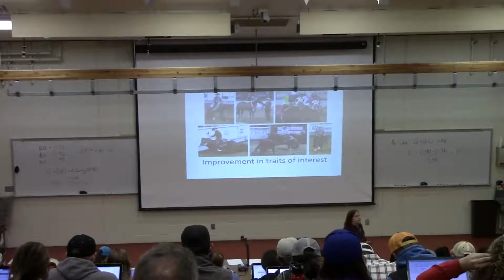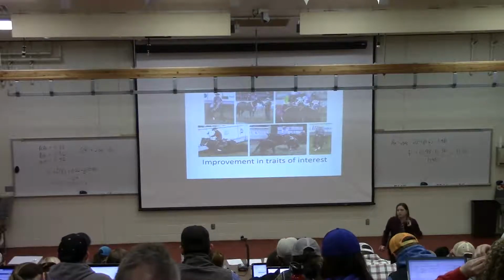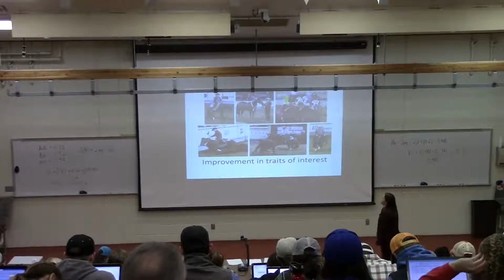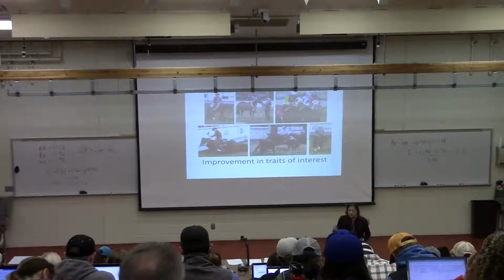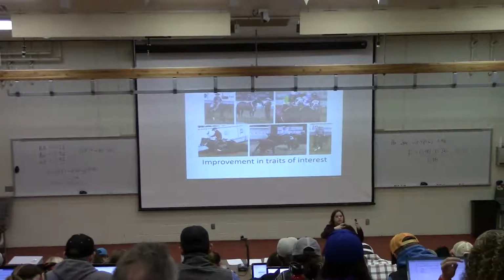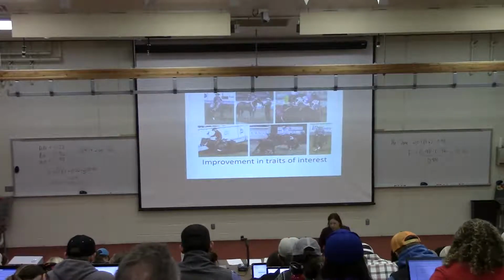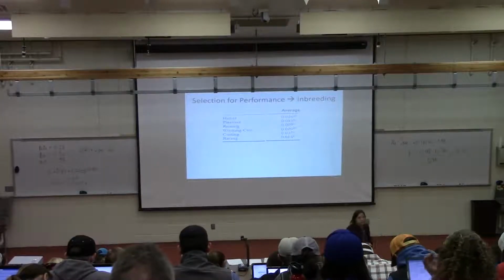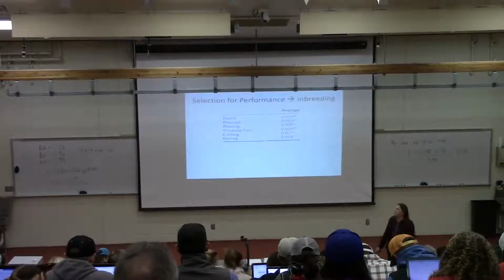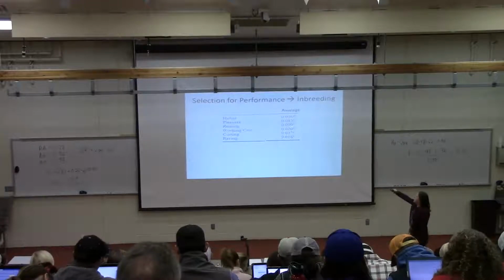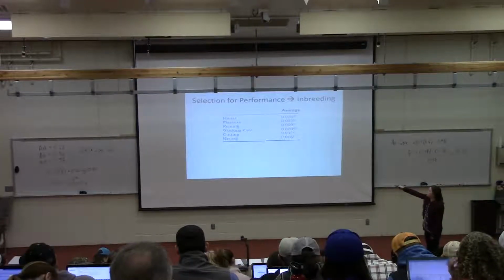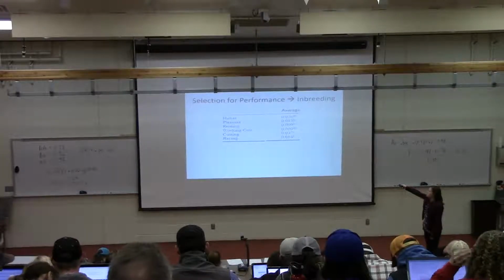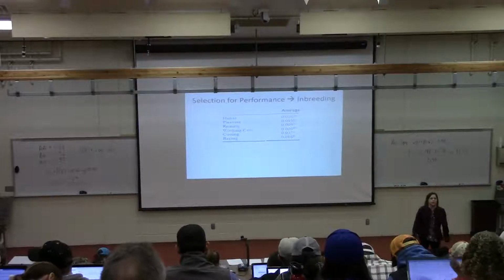Let's put that in context of some of the things we talked about. So improving traits of interest, and back to my horse example. I said that within those disciplines, even though quarter horses are a really, really big population, within those different disciplines there definitely is inbreeding, okay? It ranges from pretty close to 0 in horses that are bred for reining to almost 4% in cutting horses.